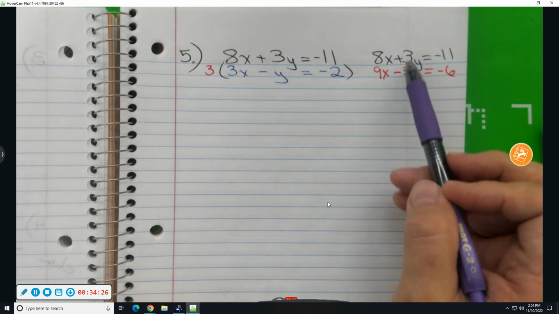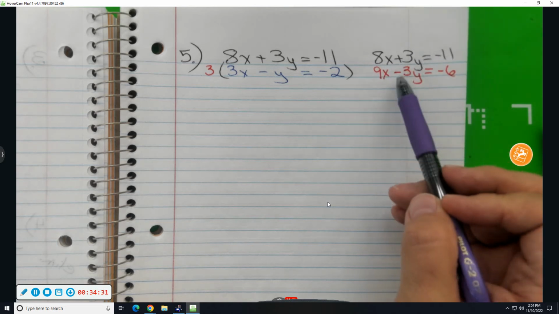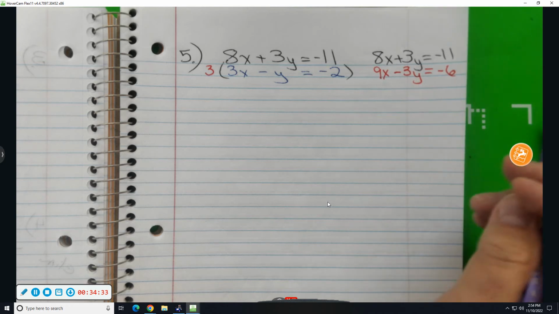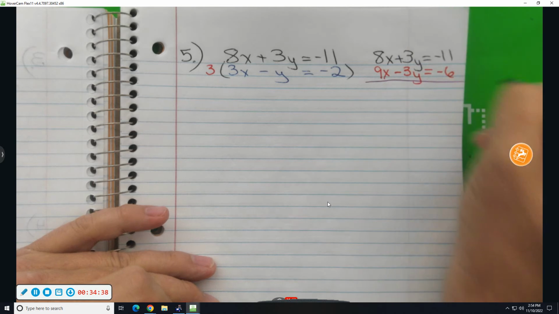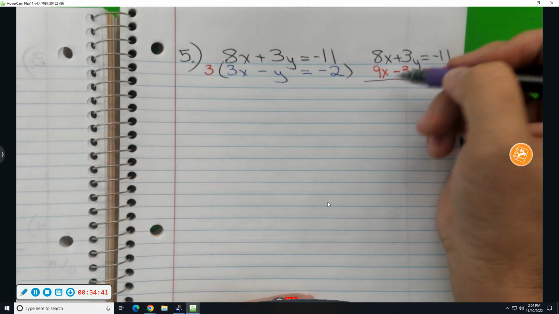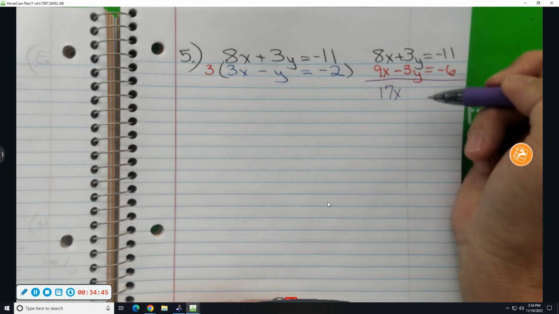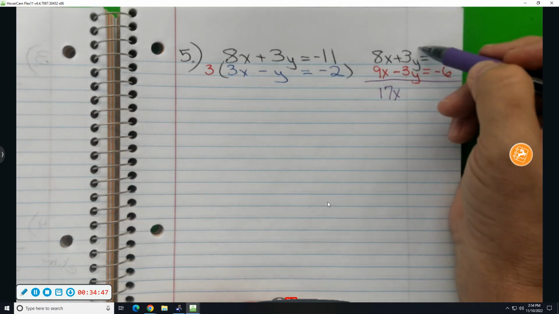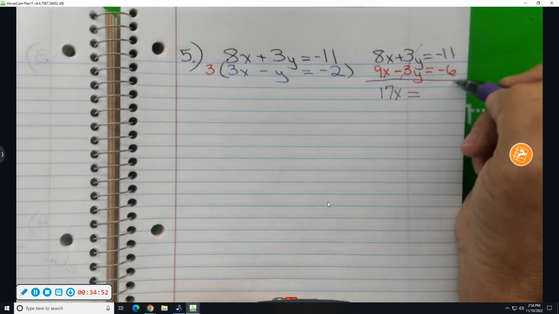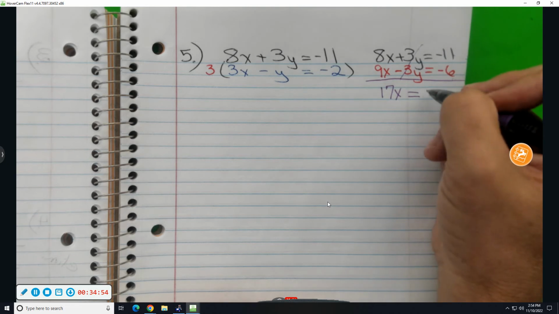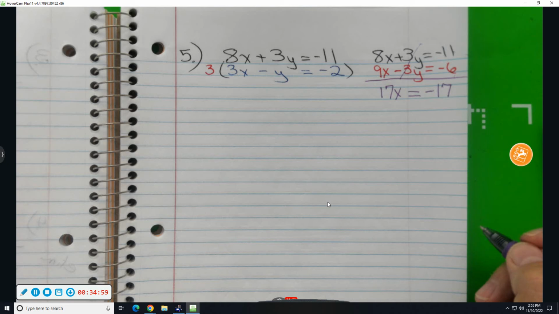And now look at what we've done. We have the same coefficient on the y's, but opposite signs. One's positive, one's negative. We can add the two together and eliminate y. Adding these two together, 8x plus 9x, that's 17x. 3y minus 3y. We've eliminated them, haven't we? Negative 11 plus negative 6 gives me negative 17.